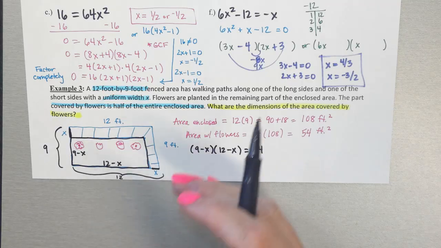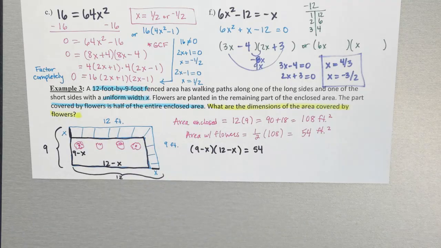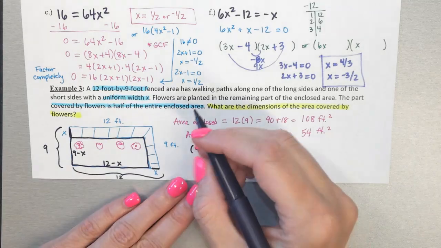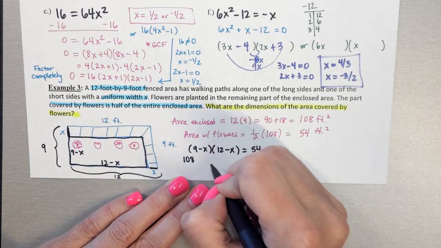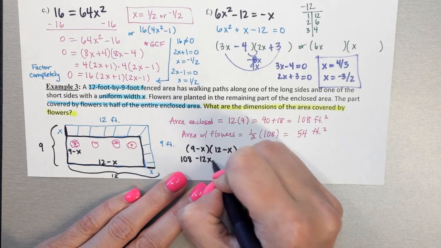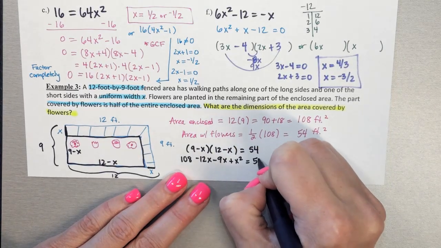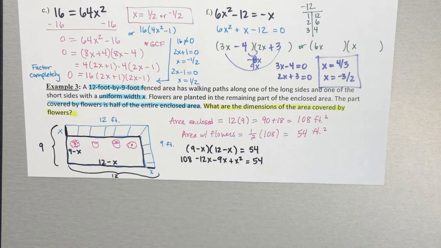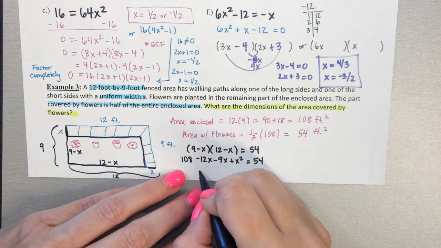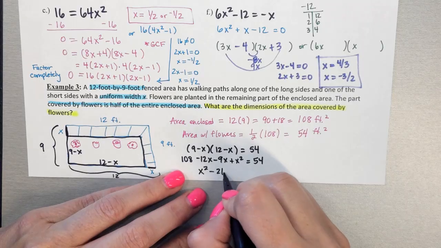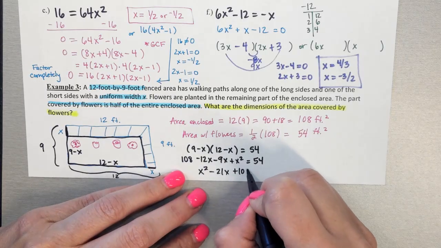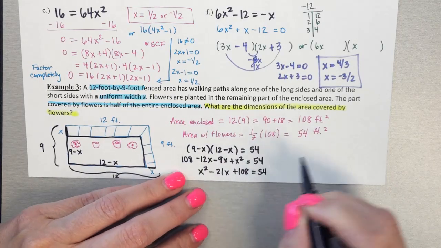Okay, so what we're going to do is we're going to FOIL. Okay, 9 times 12, we just did that. 108 minus 12x minus 9x plus x squared. Okay, feel free to rearrange it so it's in your standard form, but just like we did before, we're going to move everything to one side. So we have x squared minus 21x plus 108 equals 54.